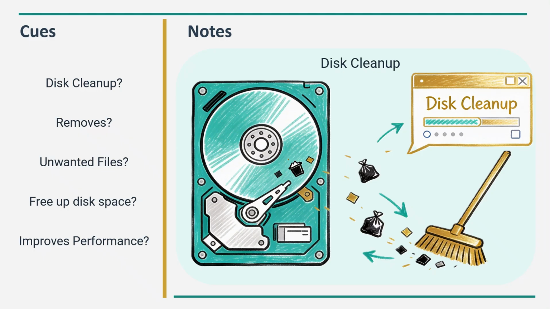This can also happen on your phone when you remove your cache files, when your storage space becomes too small. And in the exams, if you are asked which utility removes unwanted files or creates more space on your disk, you can always say disk cleanup.